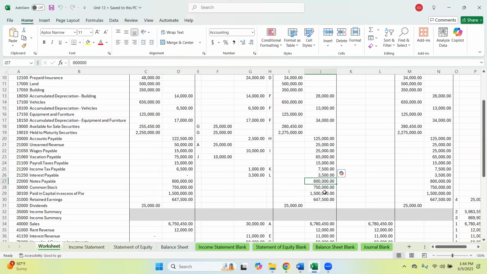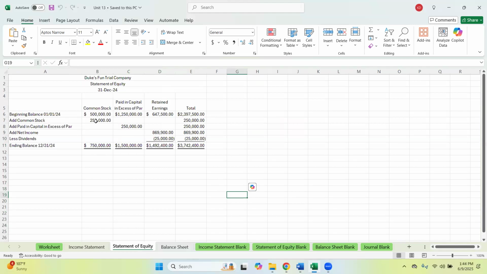My beginning balance was 500,000, and now it's showing 750. Obviously, there was an increase in my common stock.